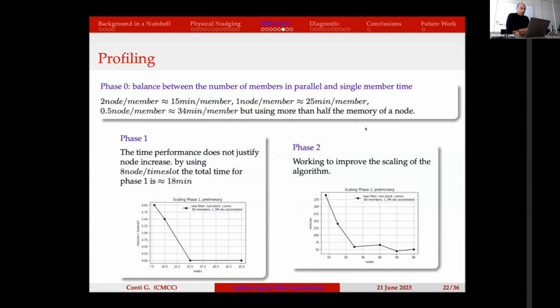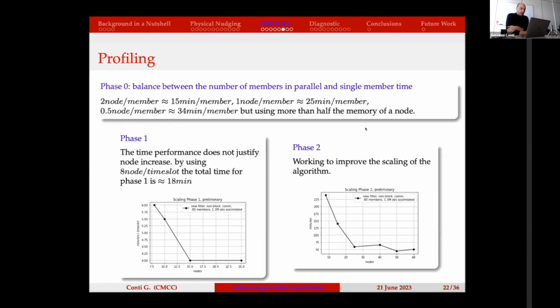Just a quick profiling. On our machine, we saw that phase 0, the evolution of the model, works in this way. Using 2 nodes per member, we are using 80 members at the moment, half-degree resolution, and 83 vertical levels. 1 member takes 15 minutes. With half nodes, 34 minutes for the evolution.